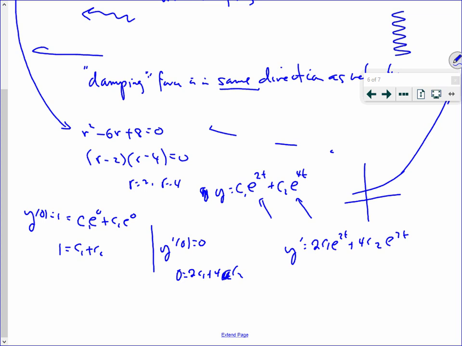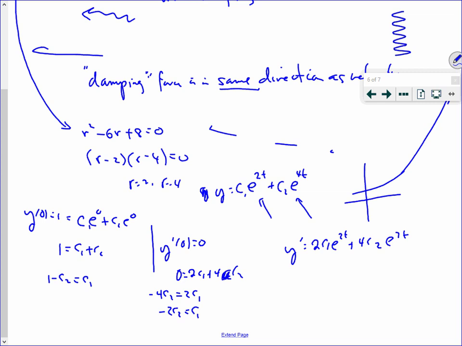Yeah, I hadn't planned on solving this, but we can. So on this one we get 1 minus c2 equals c1. On this one we get minus 4c2 equals 2c1. In other words, minus 2c2 equals c1.